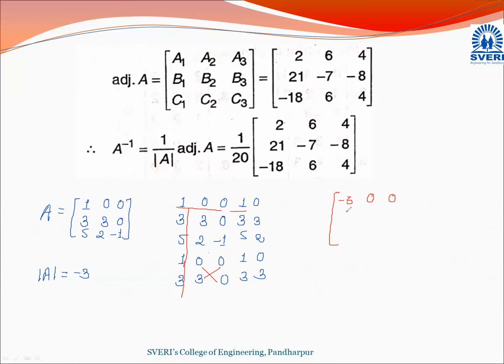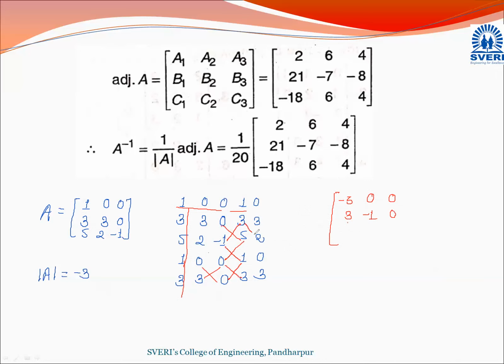It will be 3, 0. Look at this. 5 into 0, 3 into minus 1. Minus 3, minus 3, minus becomes plus, it will be 3. The next, minus 1 into 1, 5 into 0. It will be minus 1. Next, 3 into 0, 0 into 1, it will be 0.